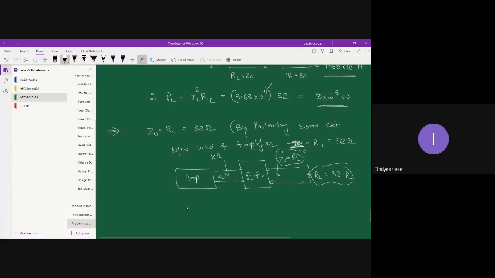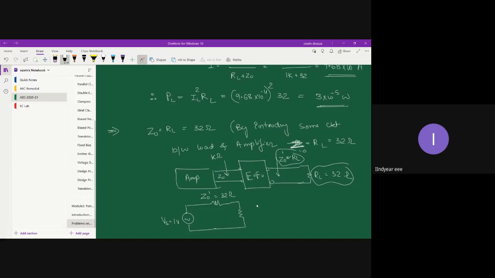Due to which, you can redraw the equivalent circuit with Vs equal to 1 volt, and this is your Z0 dash, which has become 32 ohms due to the insertion of the emitter follower. That means it alters the output impedance.